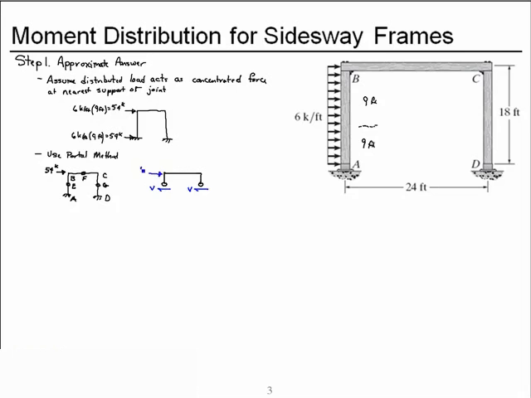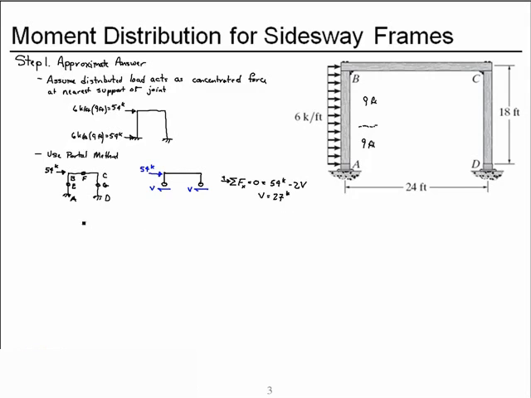We have our horizontal force, and we'll sum forces in the horizontal direction. Choose to the right as positive. We have the 54 kips minus 2 times V, so the shear in each column is 27 kips.